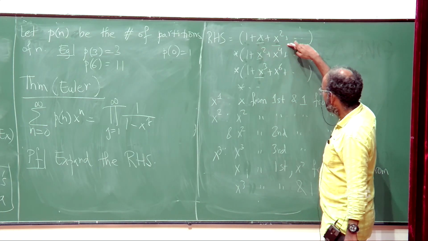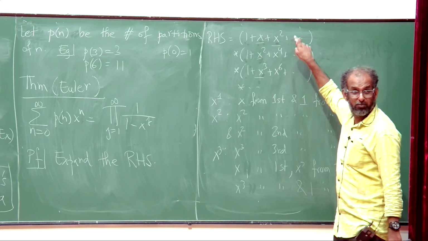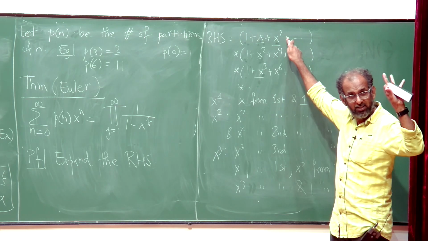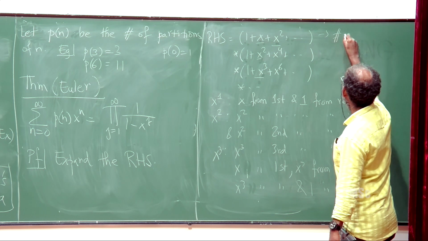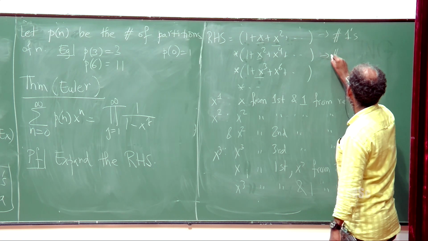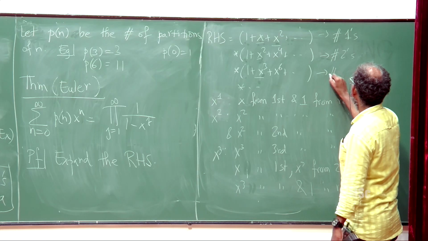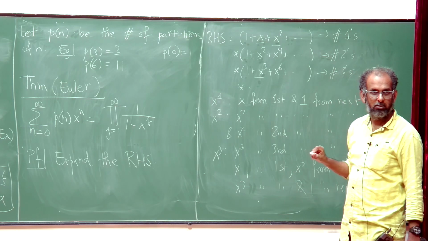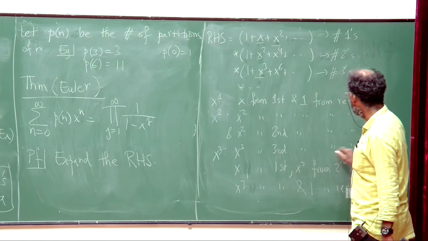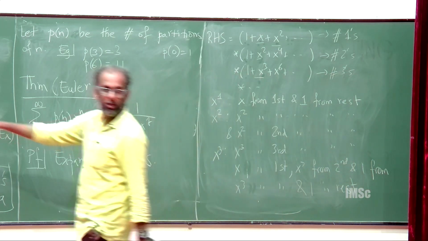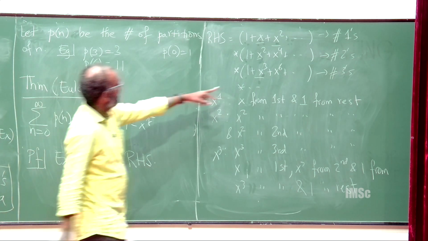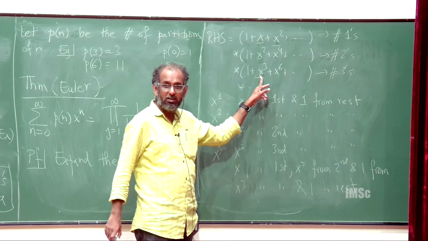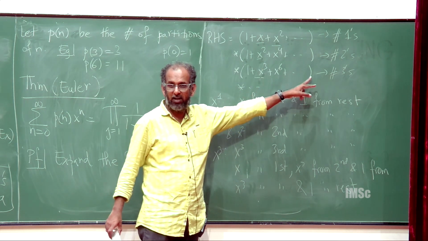So here when I had x cubed, the x cubed from here, that corresponded to having three 1's. This corresponds to the number of 1's, this corresponds to the number of 2's, number of 3's, and so on. So this first term corresponded to, oh no, sorry, that corresponds to 3, because I am taking the first non-trivial term in the third factor.